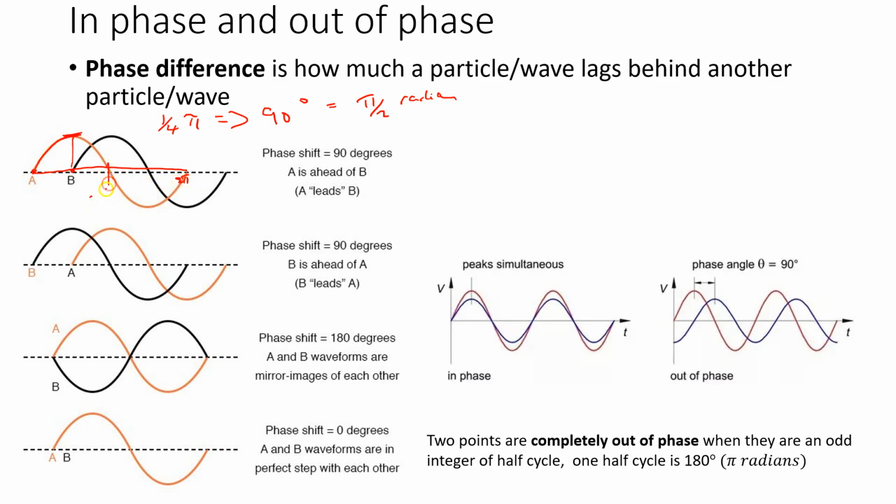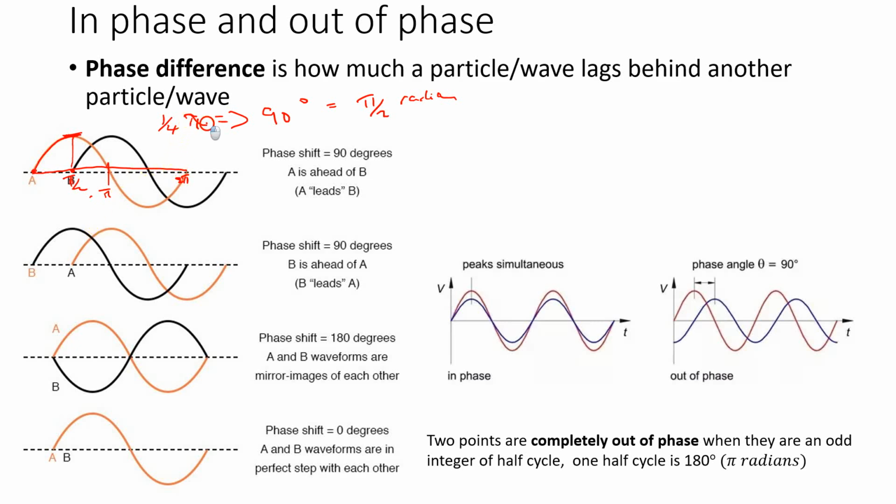Now here would be your half of a wavelength, which would be pi. So at position B, right, we're seeing that A is leading by pi divided by 2, which is equivalent to 90 degrees. So that's the amount that it is leading by.